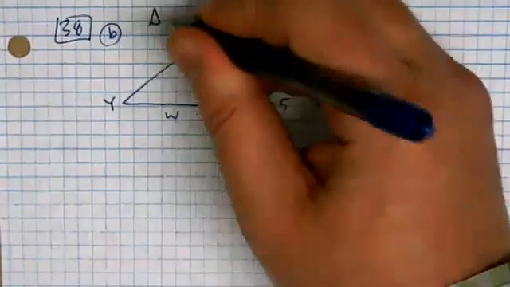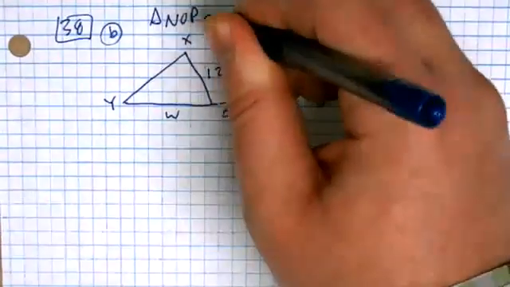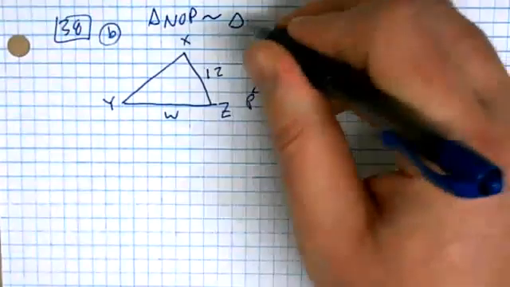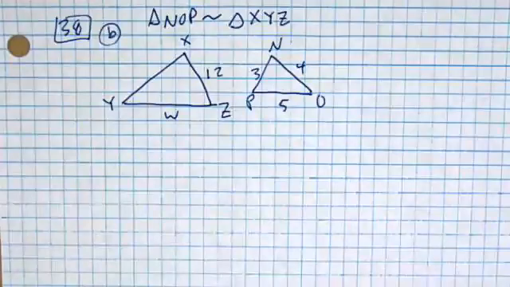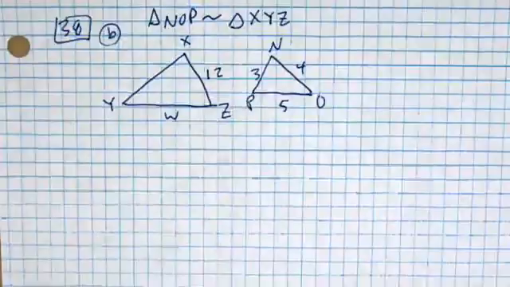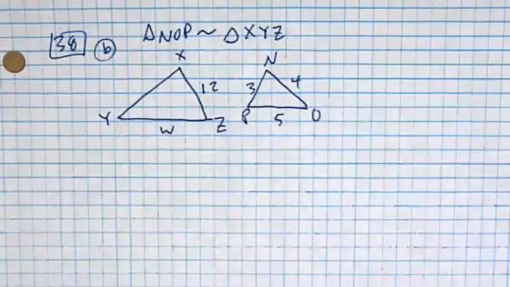Triangle, nope, is similar to triangle axes. I'm going to show you a couple strategies for this. Now, the tricky thing here is it's hard to tell what matches up with what.